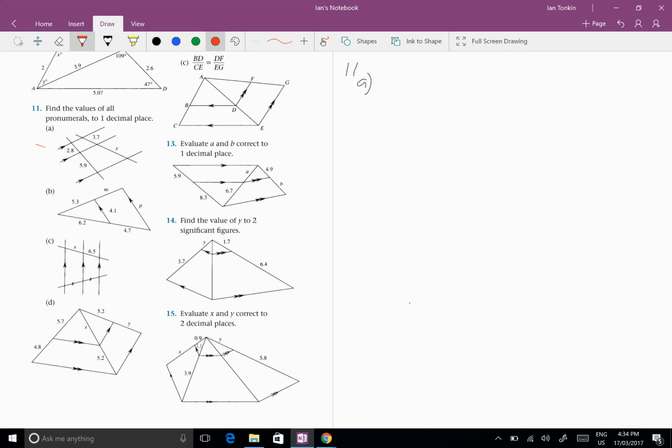So over here, always start with the pronumeral. X on 3.7 equals 5.9 on 2.8. So that's really easy. And I multiply that 3.7 across.